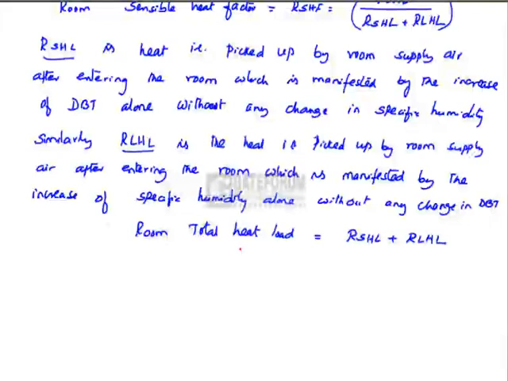That means out of the total heat load to be handled by the room supply air after entering the room, approximately 25% will be the latent heat load and 75% will be the sensible heat load.